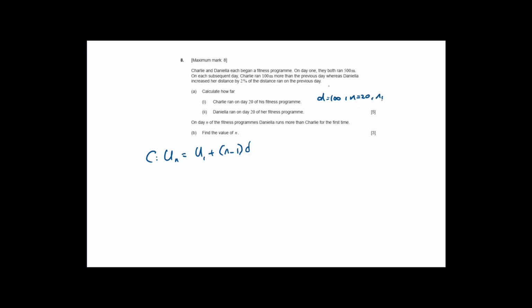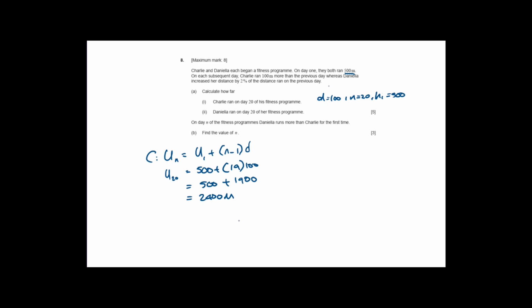And we're told that he ran 500 meters on day 1, so u1 is going to be 500. So the amount that he runs on day 20 is going to be 500 plus 20 minus 1, which is 19, times 100, which is 500 plus 1,900, which is 2,400 meters.